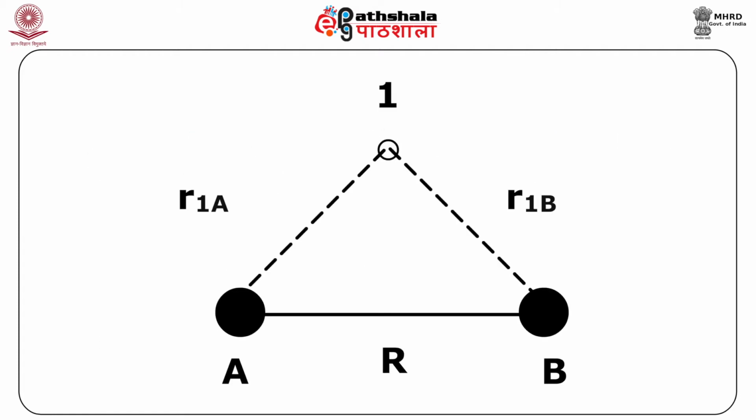Here you should notice that capital R is the distance between the two hydrogen nuclei, one labeled as A and the other labeled as B, and r_1A is the distance of the electron, called 1, from the nucleus A, and r_1B is the distance of this electron from the nucleus B.